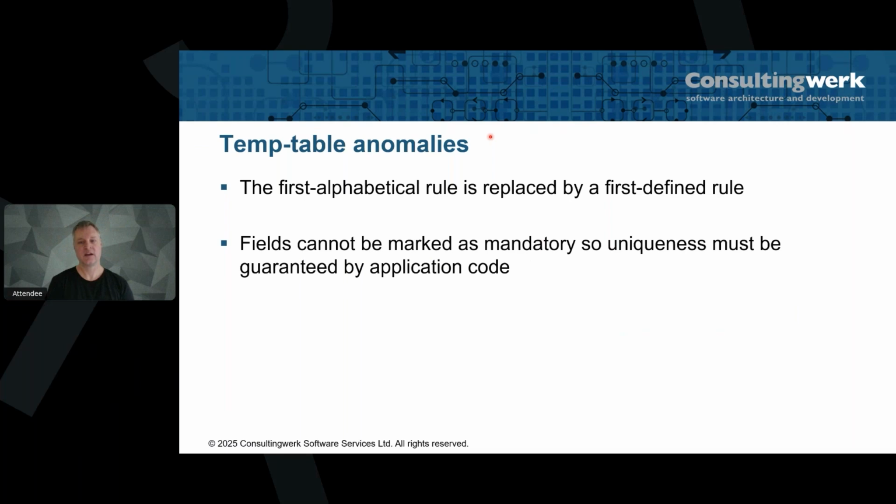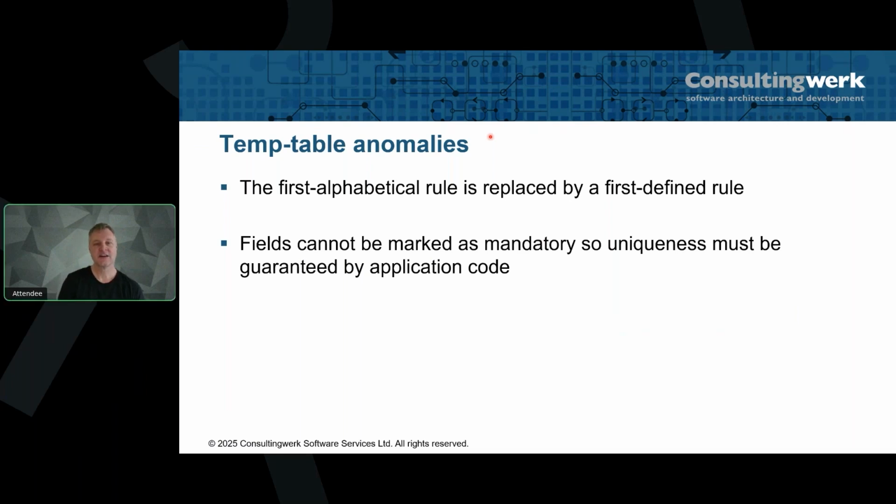So in a temp table, our first alphabetical rule gets replaced by the first defined rule. So the index is obviously defined in a particular order in code. And if we get to a tie-break situation and the unique index or the primary index is not available for selection, it will be whichever of those two, three, whatever indexes are first defined in the temp table.